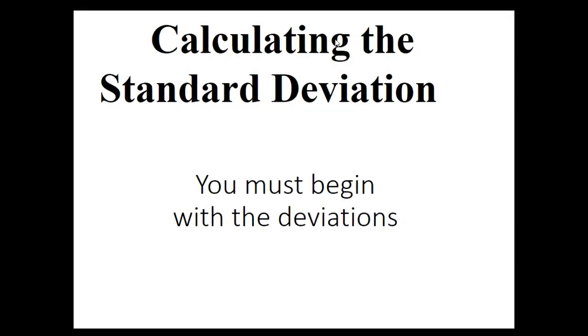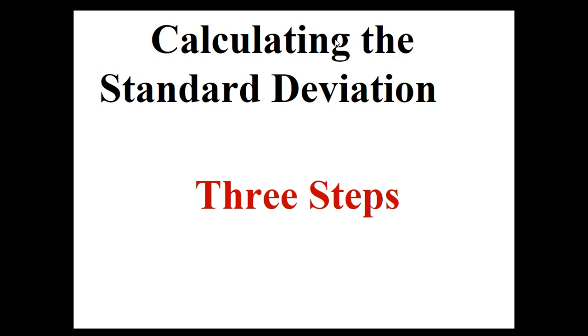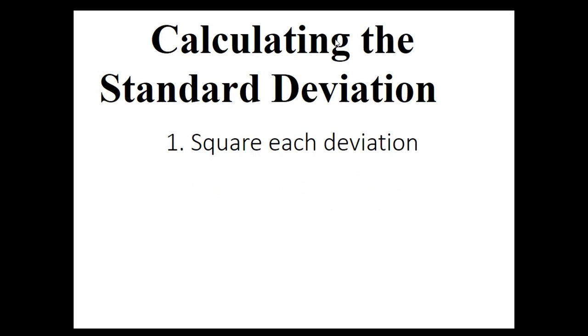So let's briefly review that part. I've shown you that to calculate the standard deviation, you must begin with the deviations. So you have to calculate the deviations yourself before you get started. Then you perform 3 steps. First, you square each deviation.